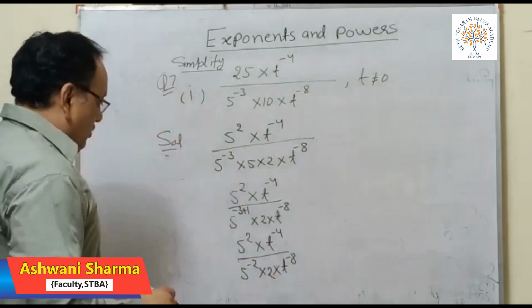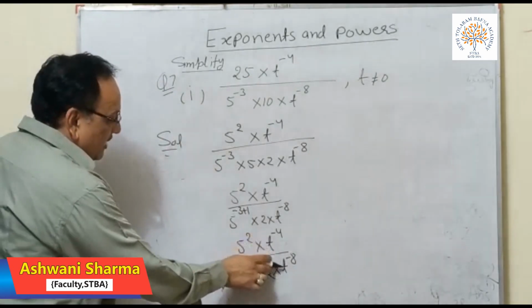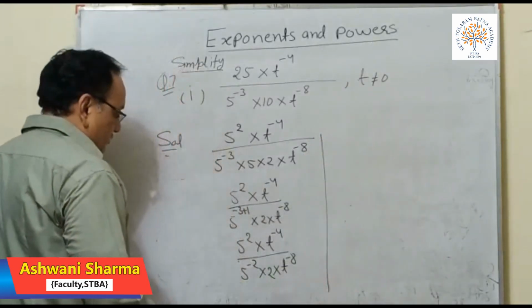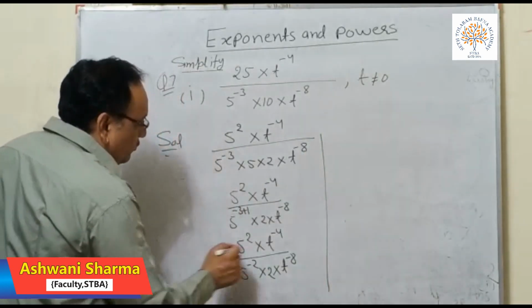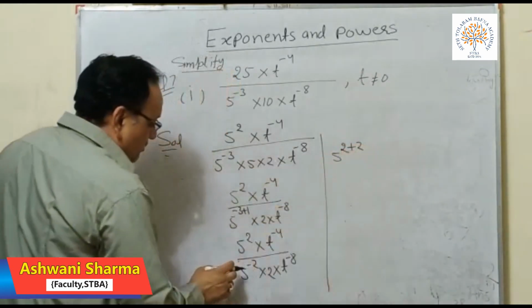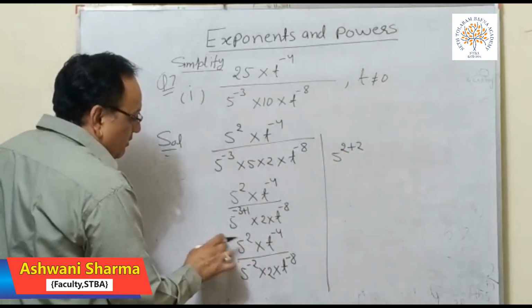Now here the bases are same, 5 and t. Then we can write it: we bring it up, 5 raised to the power 2 plus 2, because this is minus 2. When we bring it up, it will become plus 2.